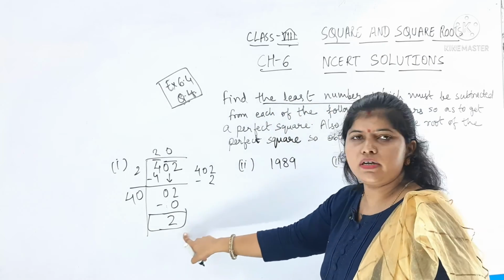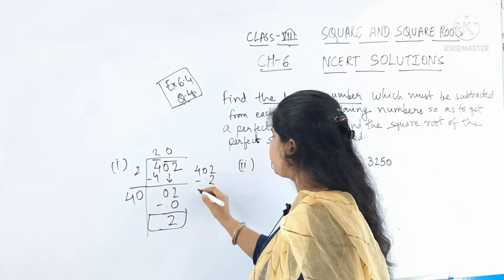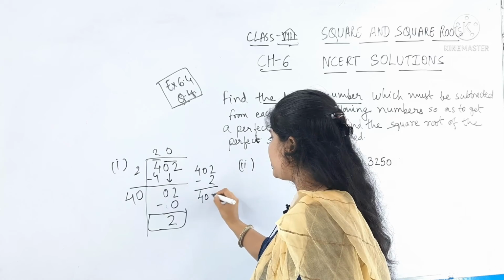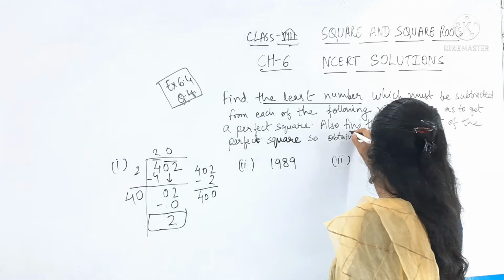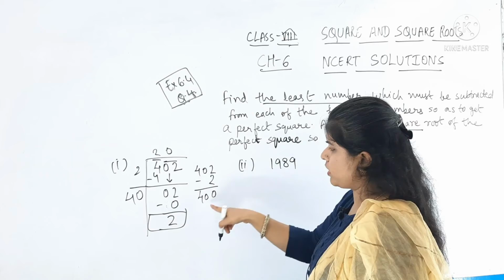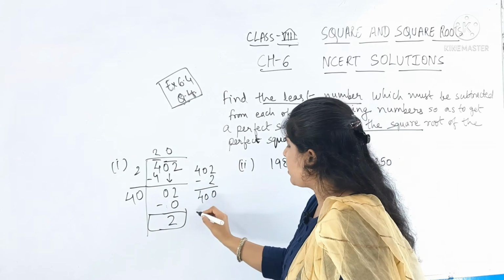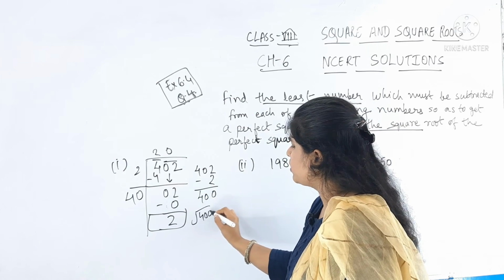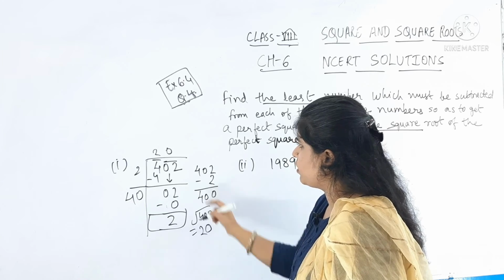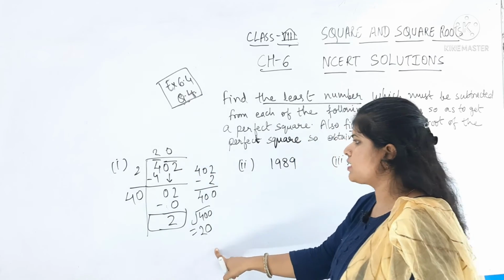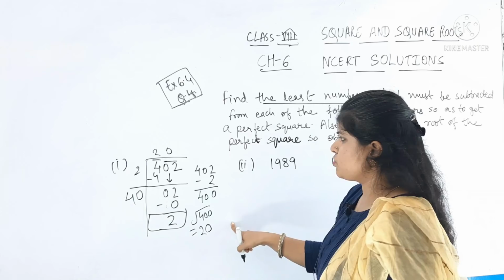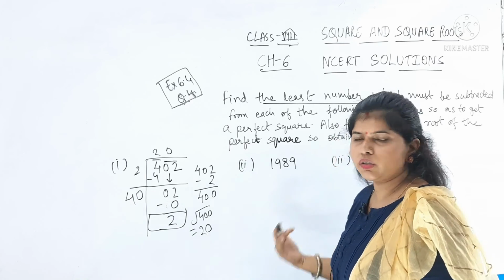That we have to subtract from this number, so I am getting here 400. Then after this you have to find the square root of the perfect square. This is the perfect square, so the square root of 400 is 20. Like this you have to find all the questions.